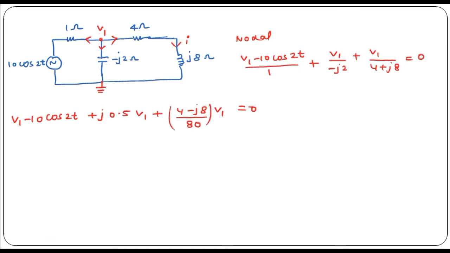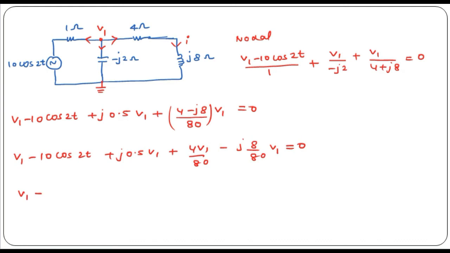Okay, so now let us simplify. This is V1 minus 10 into cos of 2t plus j 0.5 of V1. This is 4V1 by 80, and this is minus j 8 by 80 into V1, equal to 0.